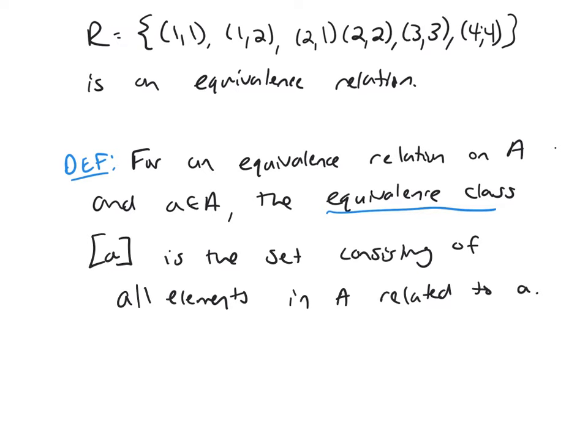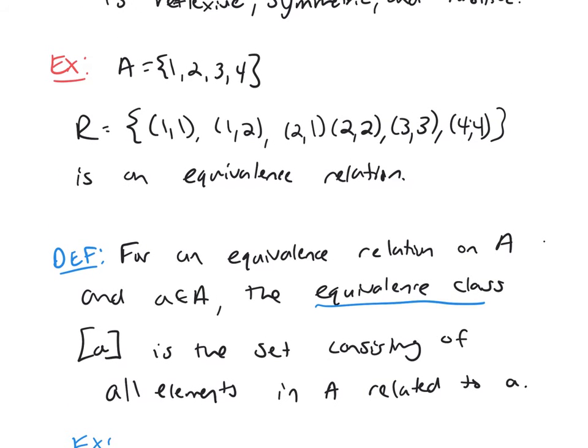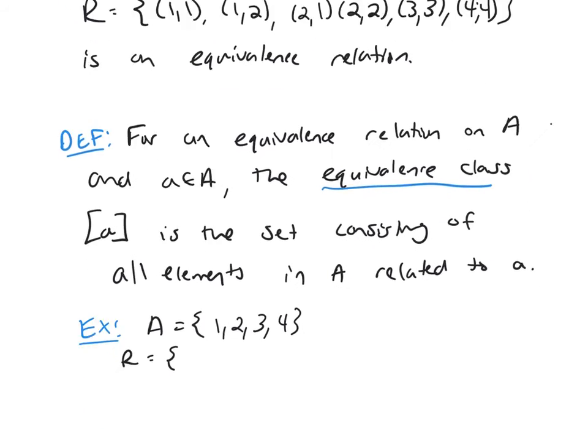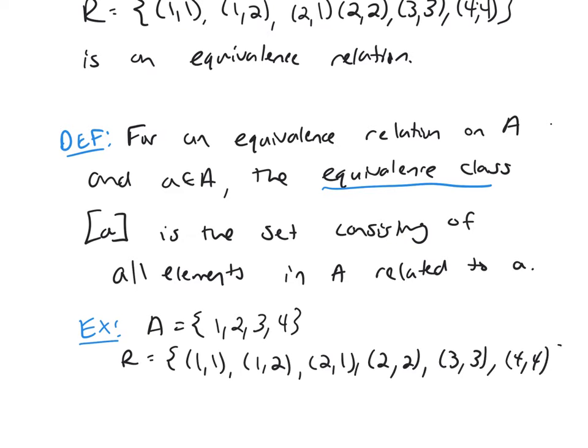So let's use our earlier example. A was the set {1, 2, 3, 4}. R was the set {(1,1), (1,2), (2,1), (2,2), (3,3), (4,4)}.